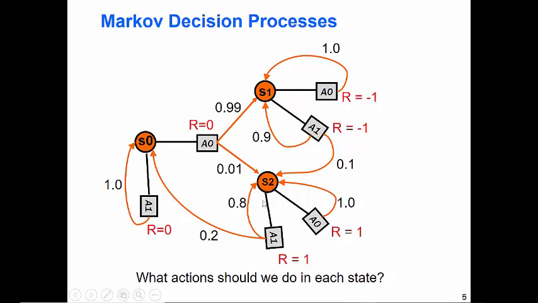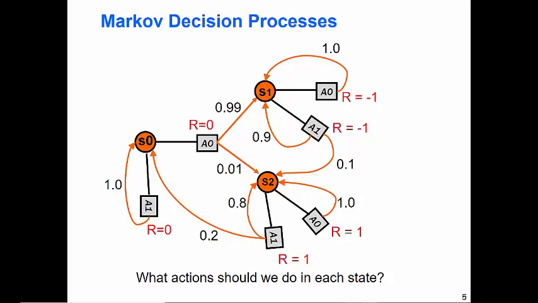And so what do you think the right thing to do is in S0? If I'm going to let you live forever? Who thinks the right thing to do is to take A1? So A0 seems to be the winner.